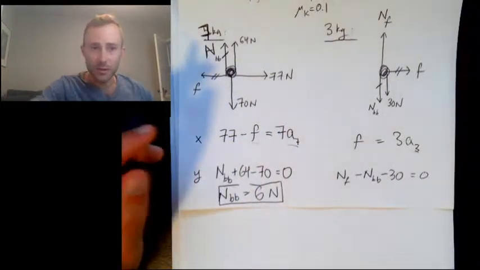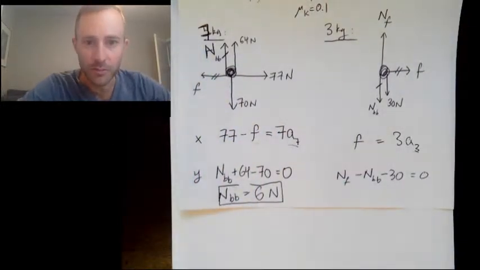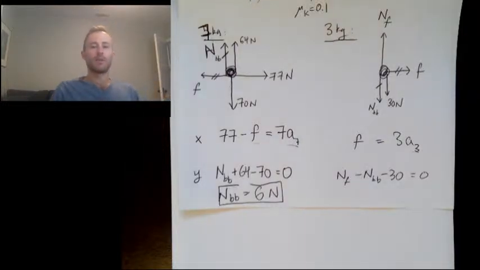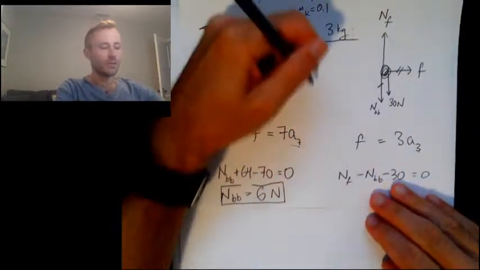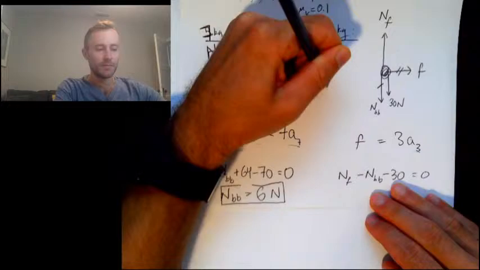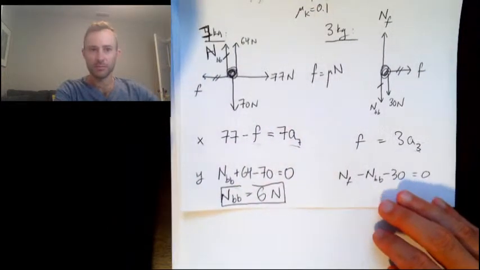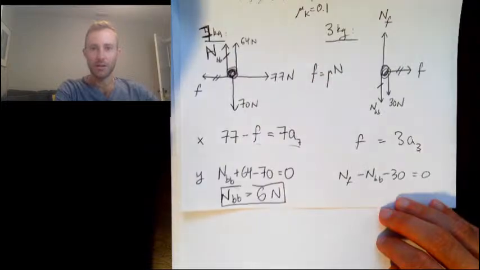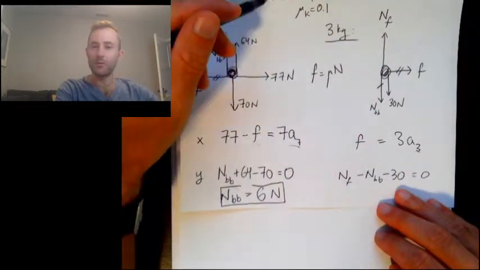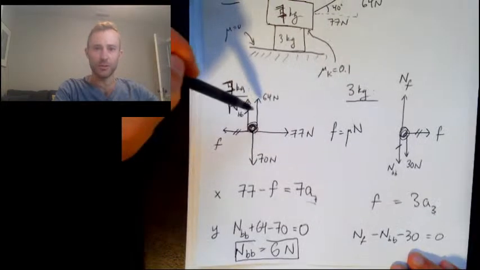Now that's going to allow us to calculate the friction between the blocks. Why is that? Well, the friction between the blocks is equal to mu times the normal force between the blocks. So we're not going to use the normal force from the floor because there is no friction with the floor.